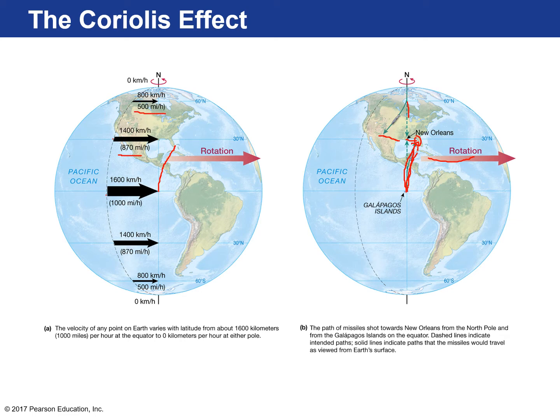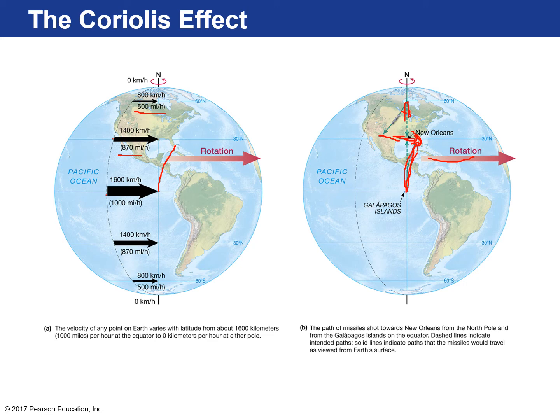So New Orleans is actually rotating faster than this area here. So as you shoot the missile southbound, it appears to get deflected to the right, and that's because this area has moved out of the way if you were flying it in a straight path.